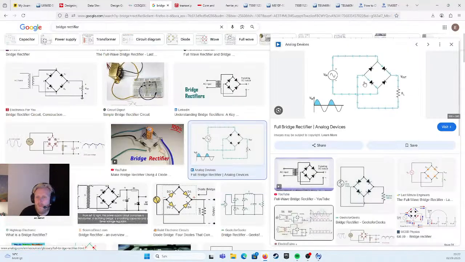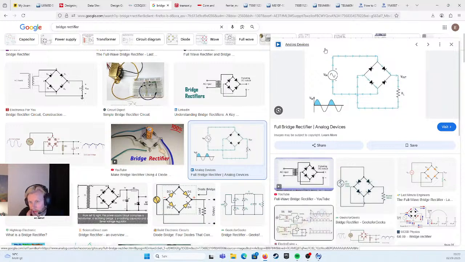And in the negative cycle, it will be the opposite way. So current will be flowing in this direction. And yeah, in that case, it's negative. So it will flow in this direction again, back and up into the load.